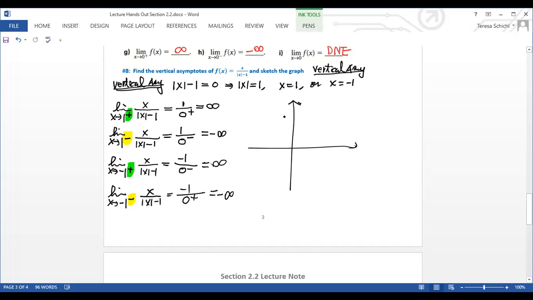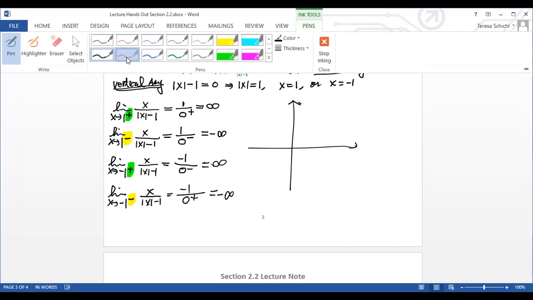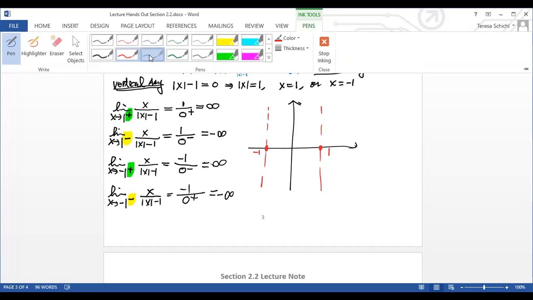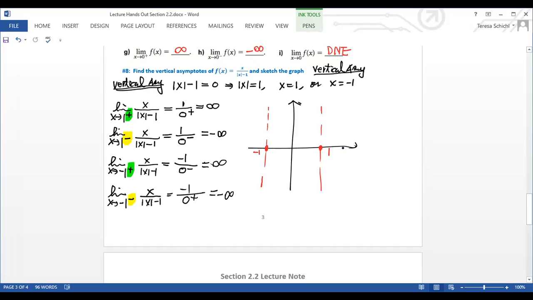All right, so now based on this information, I can roughly sketch it here. Let's write our asymptotes here. We know the asymptotes. We have -1, we have positive 1, both of them to be my asymptotes. So my graph here, I know if I approach 1 from the right-hand side, I'm going to get positive infinity. So I'm going to have it go this way.